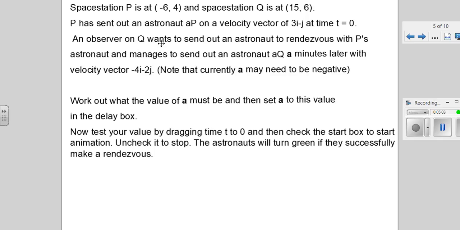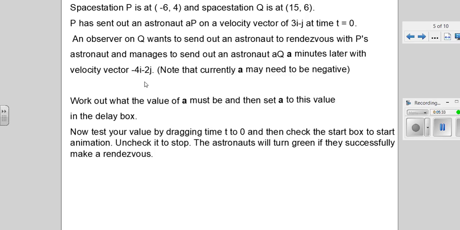Space station Q sends out an astronaut to rendezvous with P's astronaut, but sends out the astronaut called AQ A minutes later. So that's crucial. This astronaut does not leave at the very moment that P's astronaut leaves. It's a delay of A minutes, and it has this velocity.